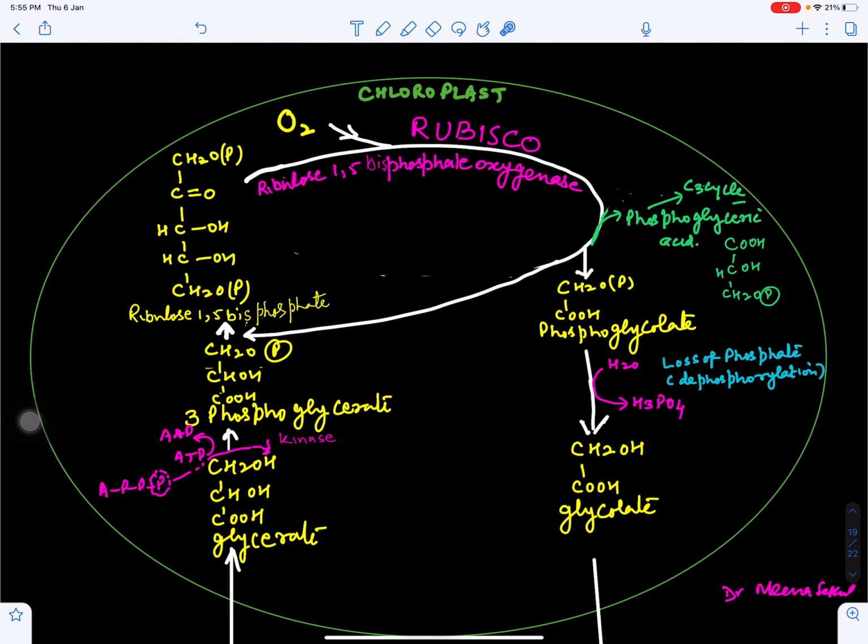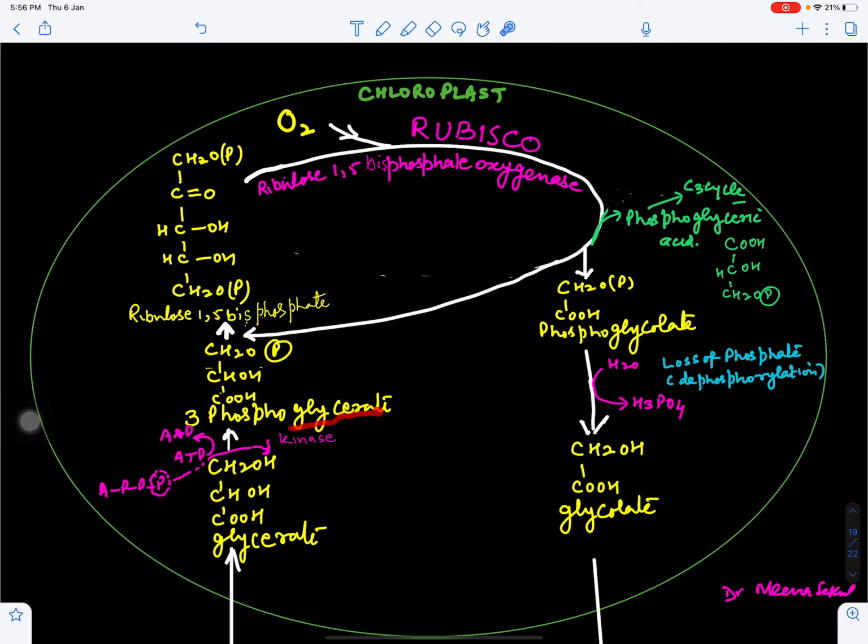So this cycle will be completed, and ultimately again this can be acted on by the enzyme Rubisco, that is ribulose 1,5-bisphosphate oxygenase, and this will form phosphoglyceric acid and phosphoglycolate. So again I'll repeat, ribulose 1,5-bisphosphate in the presence of a high concentration of oxygen and ribulose 1,5-bisphosphate oxygenase gets converted to phosphoglyceric acid and phosphoglycolate, and phosphoglycolate further enters into the chloroplast, then peroxisomes, then into the mitochondria, and again glycerate is being transported back to the chloroplast, and this is getting converted to 3-phosphoglycerate.